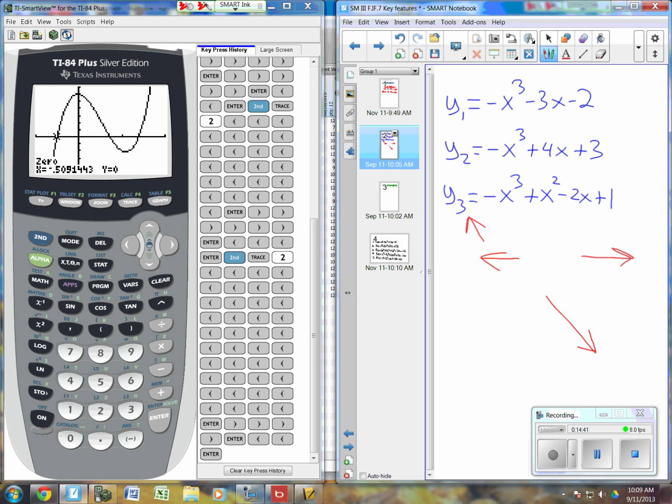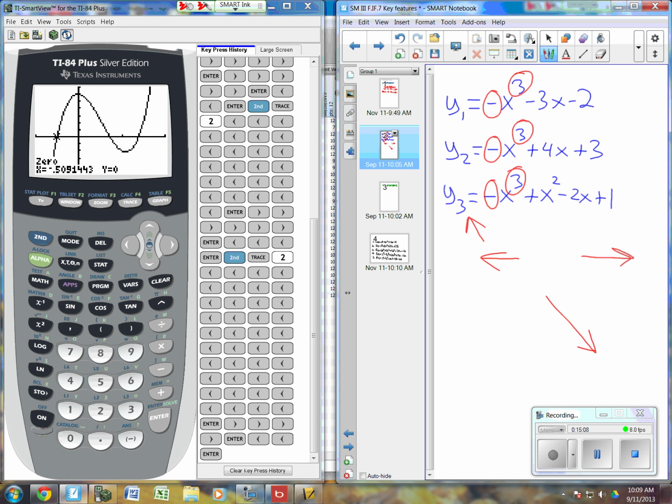Look at this. What's similar about all 3 of these that might be causing that? Yeah, this negative right here. Now I want you to notice that if the degree is an odd number compared to when it's an even number, what happens?